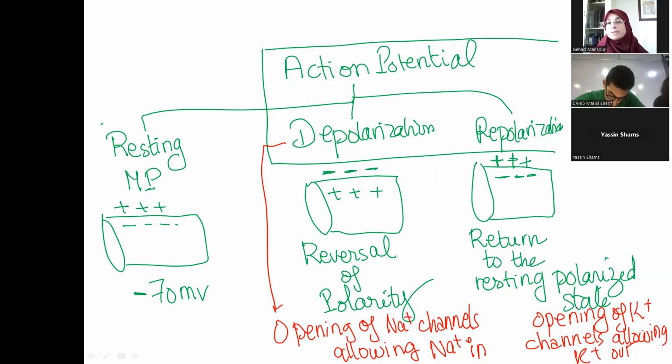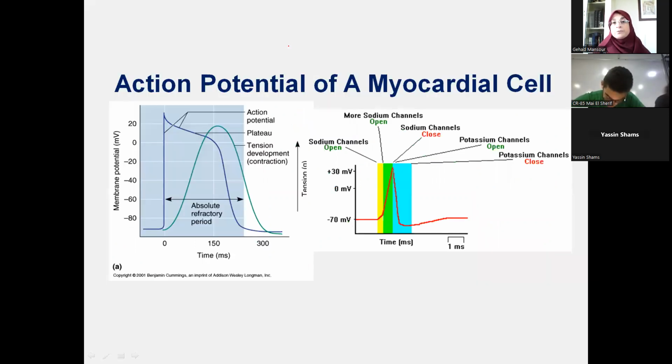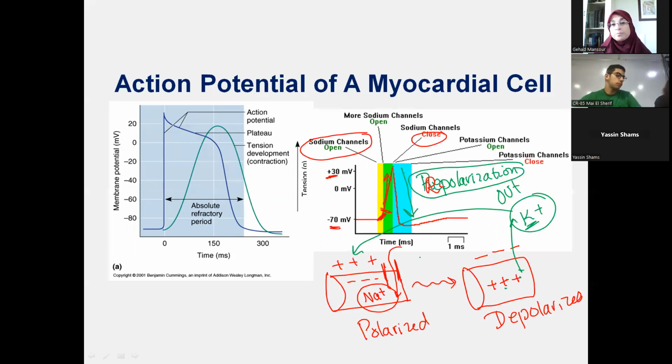of the changes in the electric potential across the cardiac muscle or any muscle fiber when stimulated. Now, what's the main difference between the action potential in a normal, regular muscle fiber.